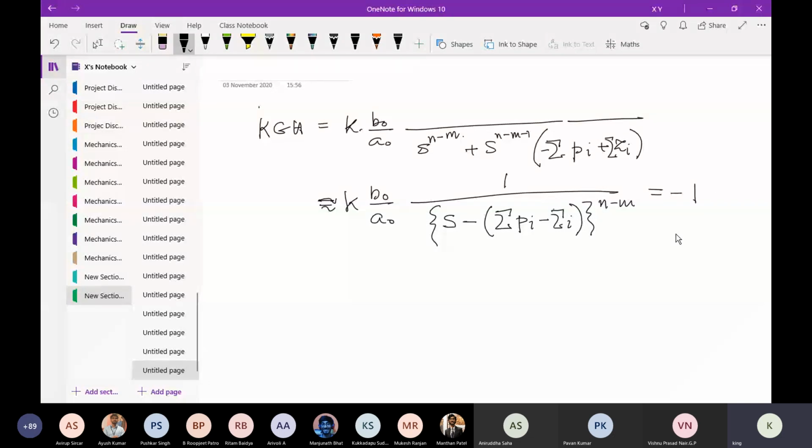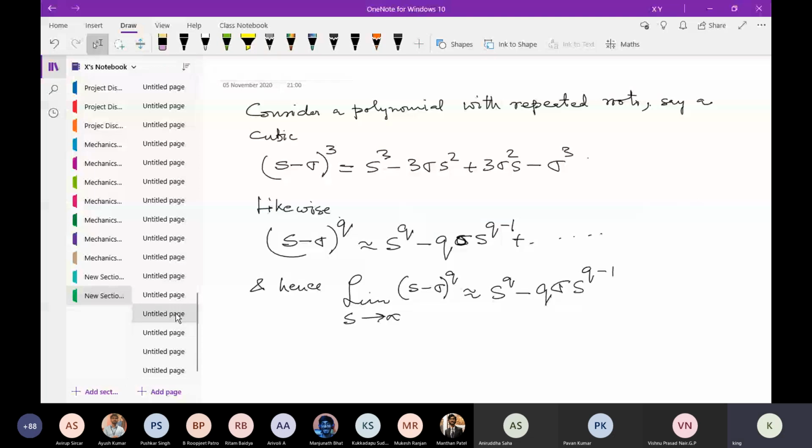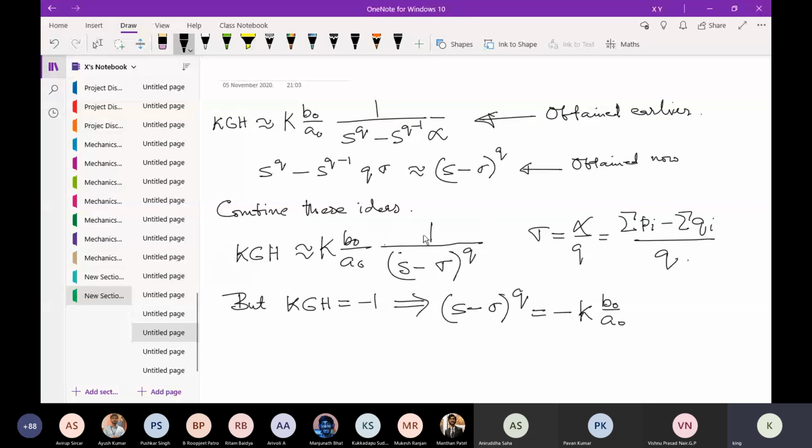Sir, won't there be division by n minus m? In the summation of pi minus summation of zi divided by, yeah. Sorry, I made a mistake there. Yeah, it will be S minus, let me see what is my sigma out here. Summation of pi minus qi by q.